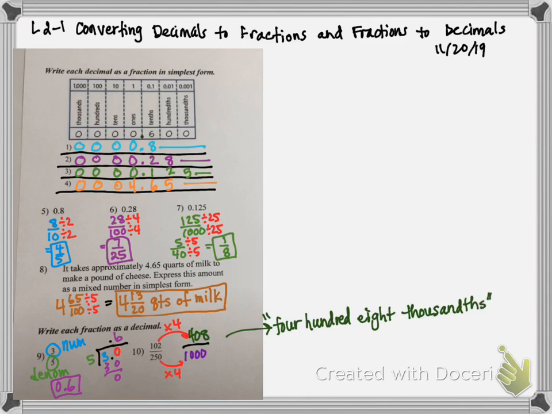The 8 goes into the thousandths. We're going to have 400, so we've got a blank there in the tens column. So the hundredths column has a 0, and the 4 goes into tenths. So together they read 408. Now to make it say thousandths, I've got to put the decimal point in, so that puts the 8 into the thousandths column. And that's the answer to that one.